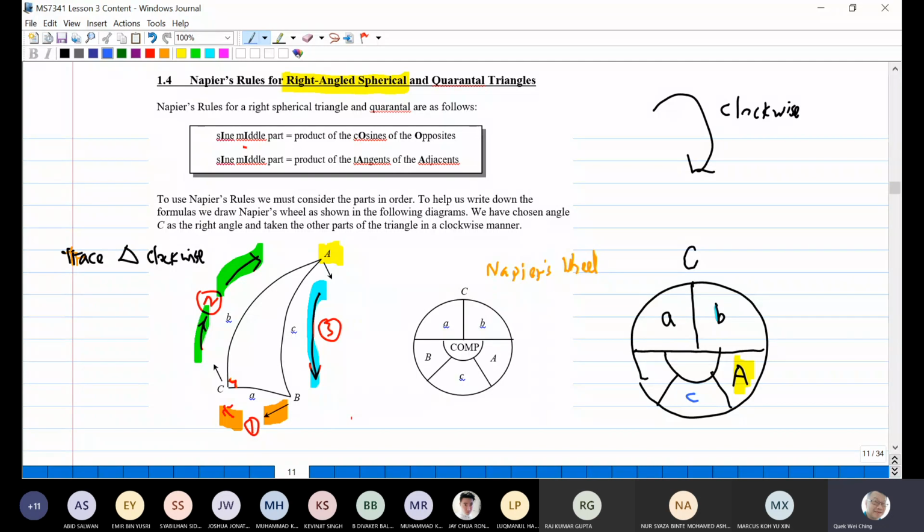And then from the side C, you move to angle B. So this is angle B now. So we complete the view.